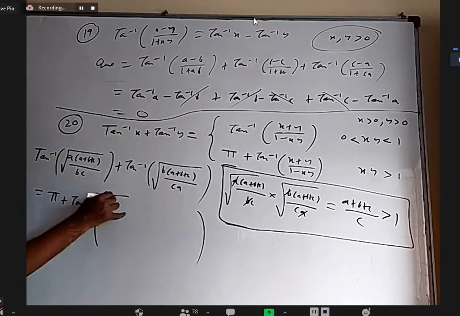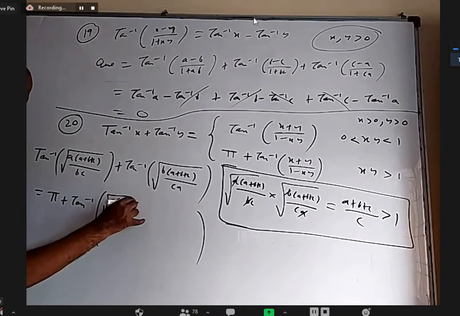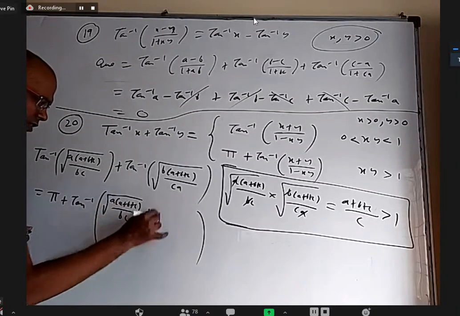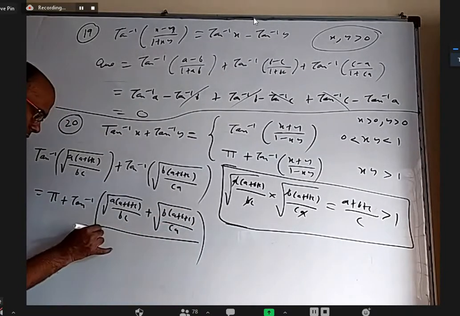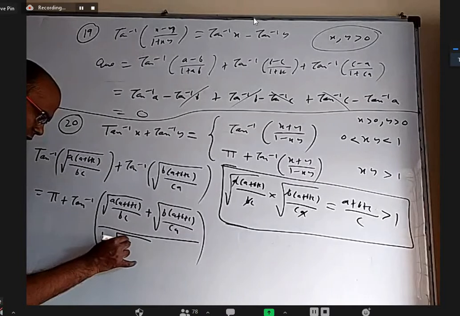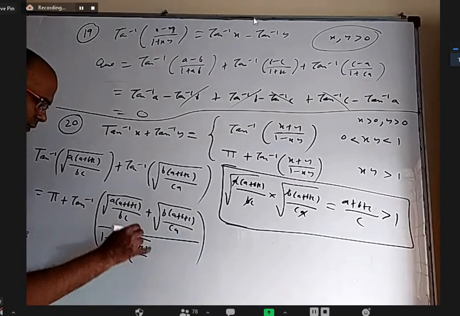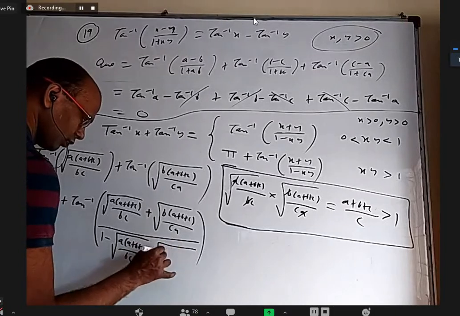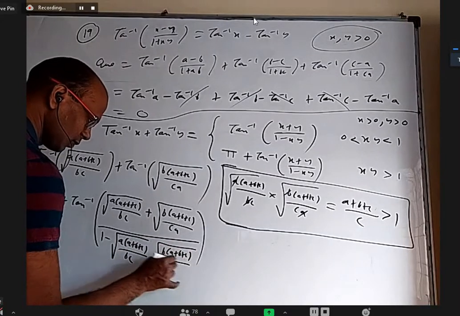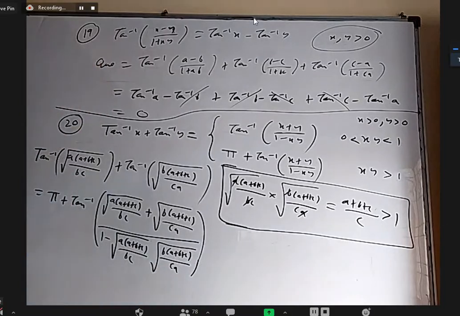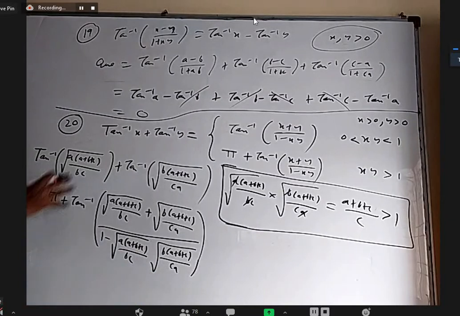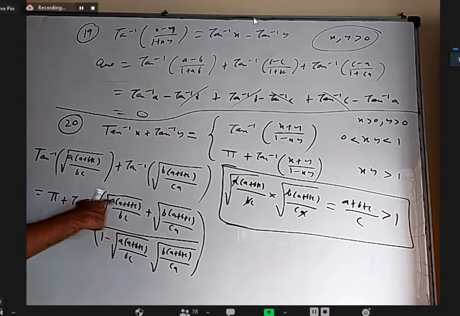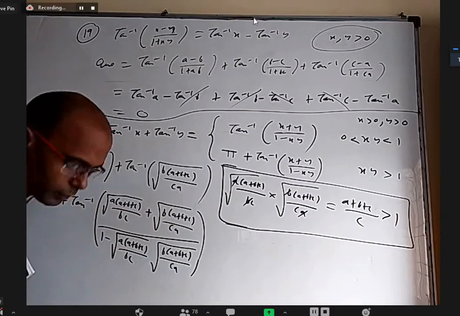So that is root over a into (a plus b plus c) by bc, plus root over b into (a plus b plus c) by ca, by 1 minus square root of a into (a plus b plus c) by bc times square root of b into (a plus b plus c) by c. So it is pi plus tan inverse of (x plus y) by (1 minus xy). This whole thing is x, this whole thing is y. Now I have to take some common factor or LCM, somehow.